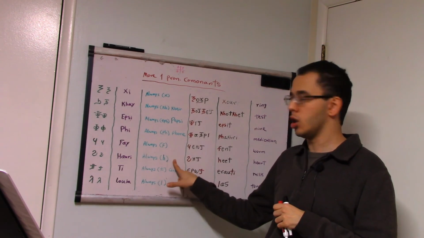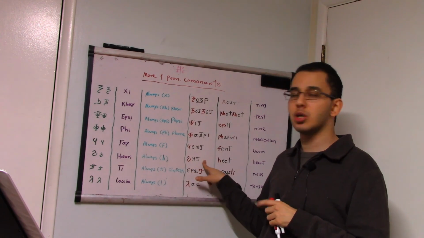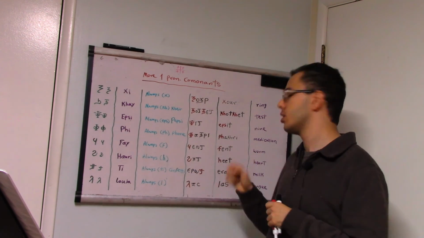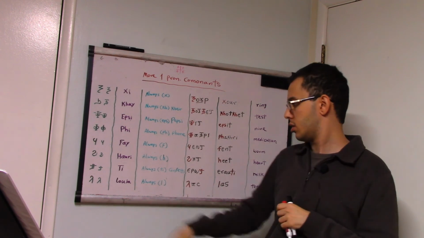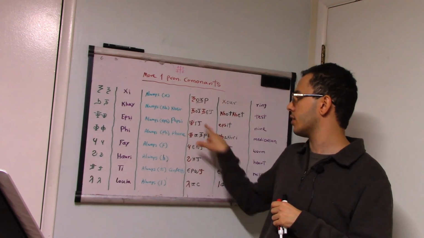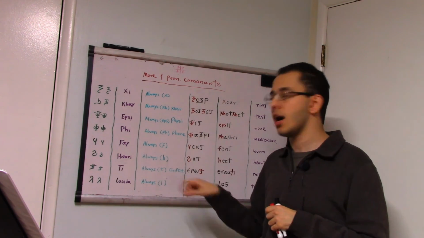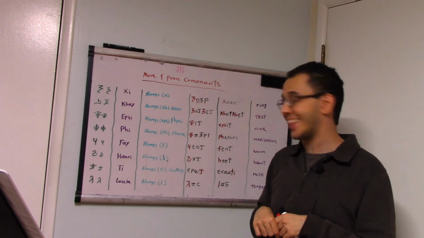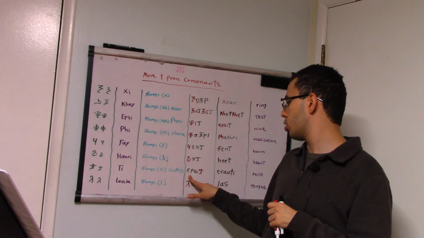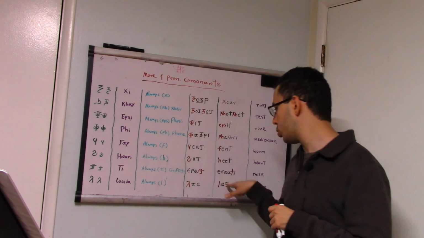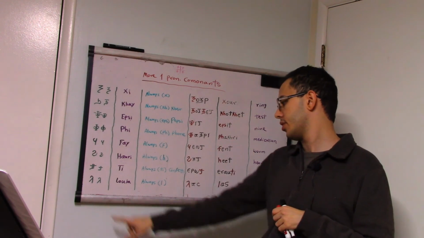Hori, always an H. Example word is heat, and heat means heart. T is different than Tav. It makes the T-I sound, not just a T, as in confetti, T-I. Example word is eroti, and eroti means milk.